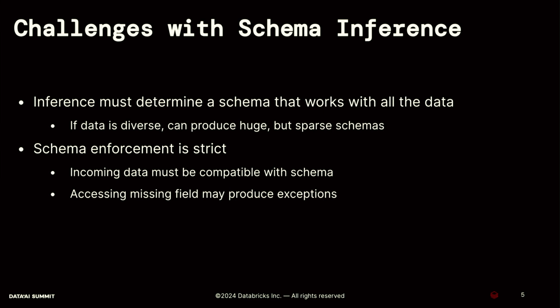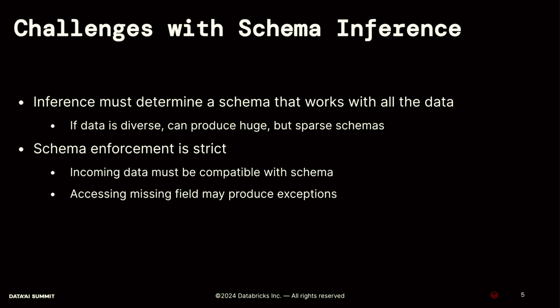This could create a very wide schema, a very large schema, and a very sparse schema because a particular record might only take a fraction of the schema in the table. So this can negatively impact performance, and also it's hard to deal with a table with thousands or 10,000s of columns. Users can't use that easily.